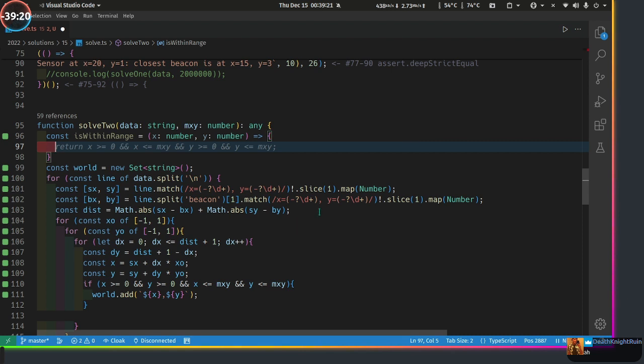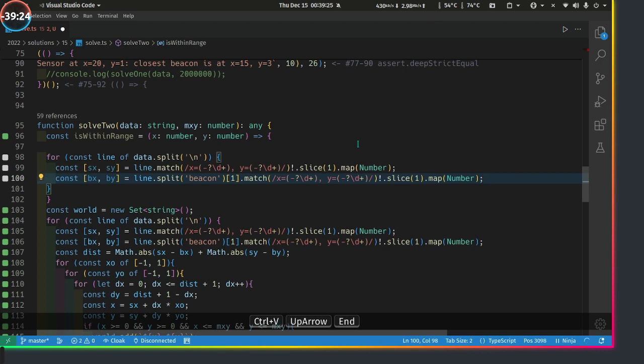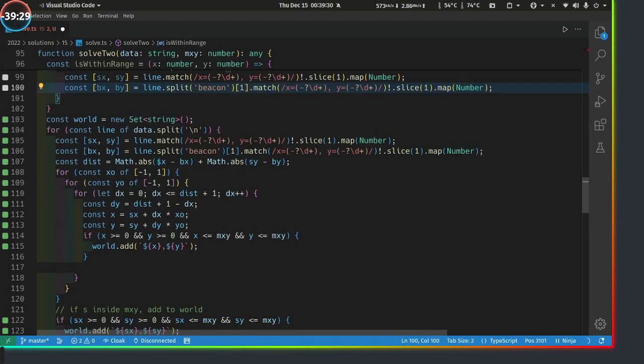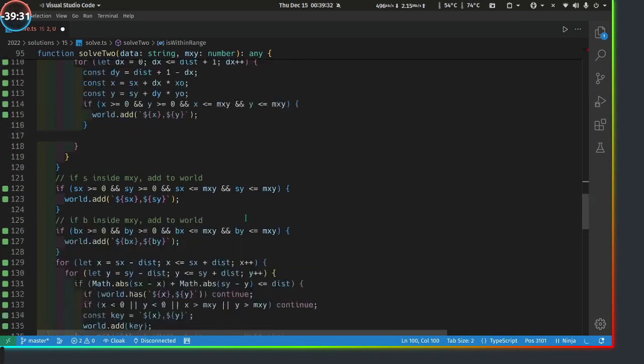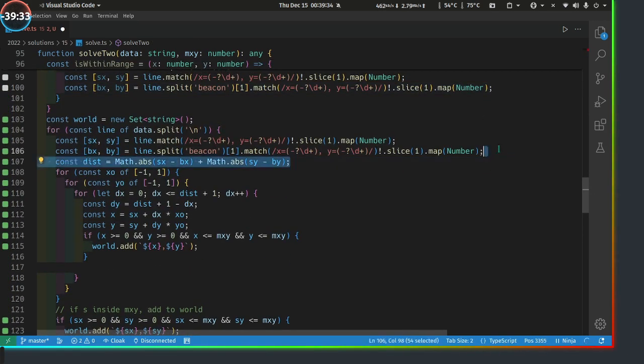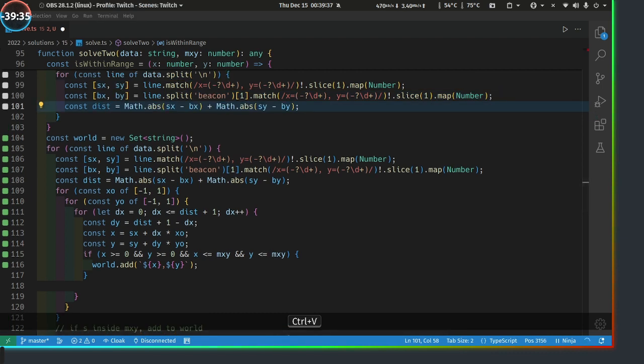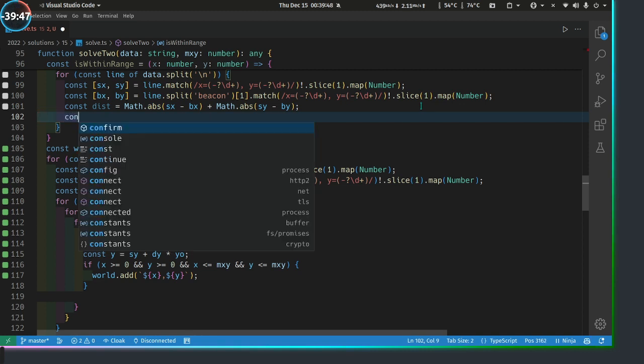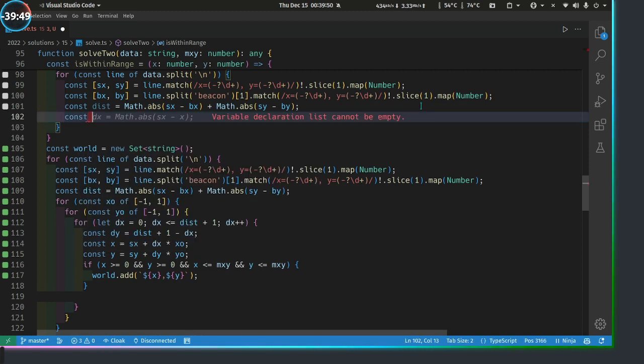You just say I need to cross against all of these again. Yeah, so re-going through all of these, and then I'm like, okay, calculate the distance from this one. Where's my distance? Yeah, the distance from the beacon, so that's its distance, and the distance I'm using from the sensor's distance to my distance. My dist.